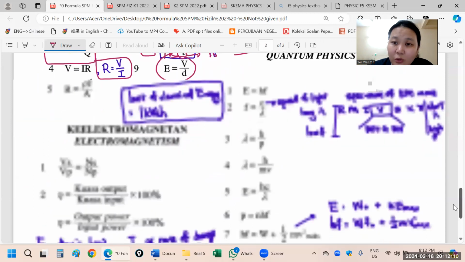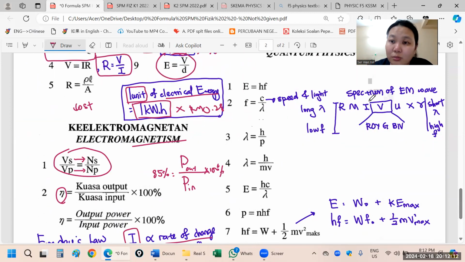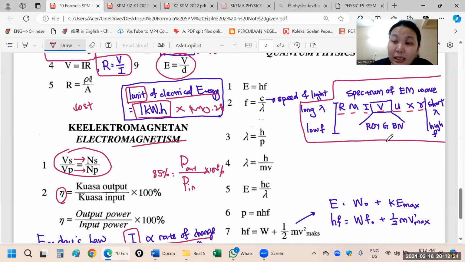Okay, now last, the quantum physics. Quantum physics is a must. Must recall back the spectrum of EM wave: radio wave, microwave, infrared, visible light, ultraviolet, X-ray, gamma.